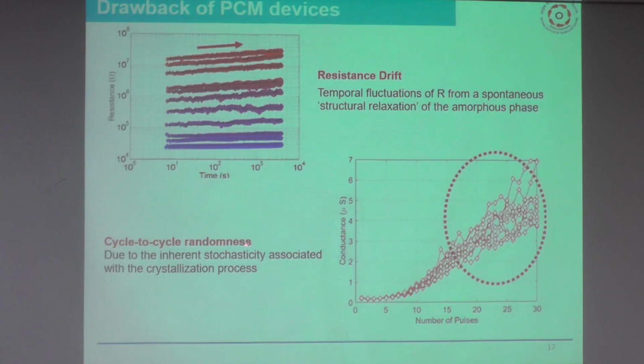And cycle to cycle randomness. Cycle to cycle randomness means, here you can see, for multiple cycles, initially the data is very smooth, but after some time, when going for a higher number of pulses, you can see lots of noise. It means that when you do reset, read, write multiple times, there is some kind of noise, some kind of randomness arises.